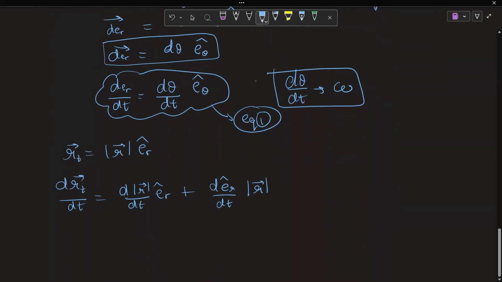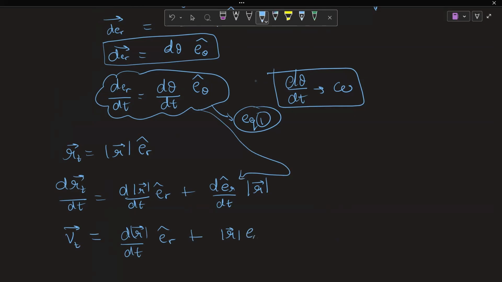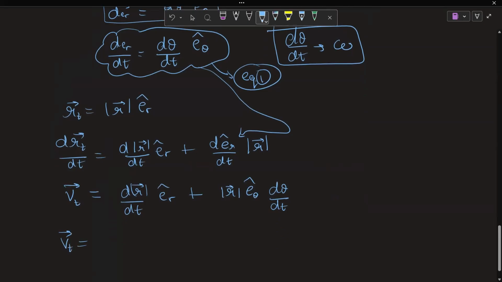Basically applying the product rule for differentiation, we get this. So the velocity v at any time t is equal to dr by dt into er cap plus the magnitude of r vector into equation 1, which we are applying here. So we get e theta cap d theta by dt. So basically it is dr by dt er cap plus d theta by dt into the magnitude of r vector into e theta cap.